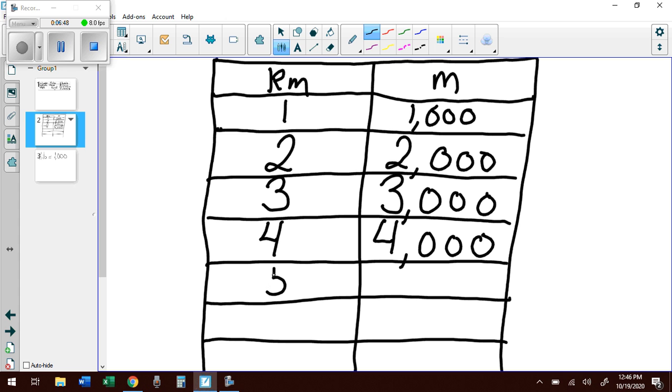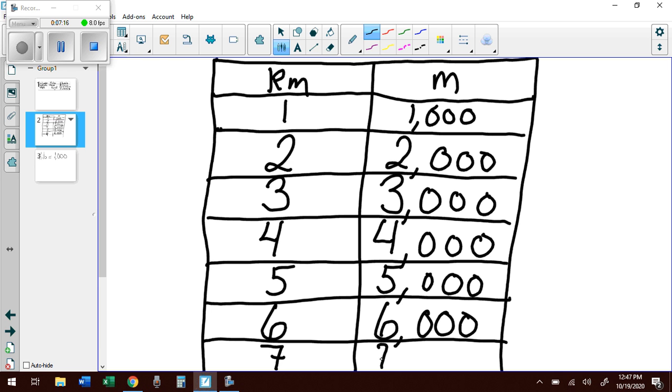And if we had 5 kilometers, we would have 5,000 meters. I hope you're writing this on a piece of paper to keep around because you'll want it as kind of a guide. If we had 6 kilometers, we'd have 6,000 meters. And all I have room for is 7 kilometers, would mean 7,000 meters. So that prefix kilo means that we are talking thousands.